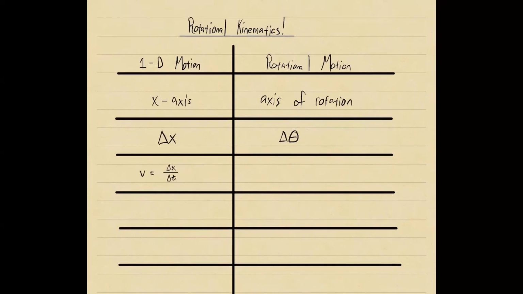And the angular velocity, which is written here as omega, not a w, an omega, is going to be our angular displacement divided by delta t. Just real quick, this is the Greek letter omega, lowercase.